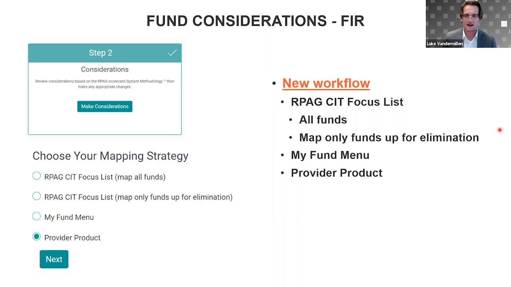So what that essentially does for you is, instead of pulling the highest scoring large cap value fund on, say, a John Hancock platform or a Principal platform, it's instead going to select your hand-picked large cap growth fund that you've put on your My Fund menu. So what a lot of our advisors will do is update their focus list on a quarterly basis, and then update those there as well.